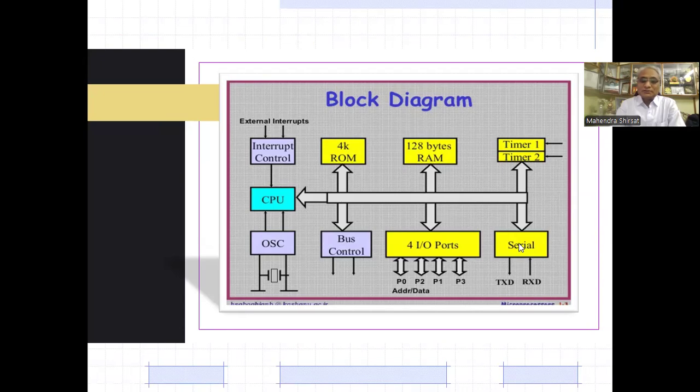This is the control by which serial data can be transferred from the microcontroller to the outside world, and we can also receive data from the outside world. And these are the timer circuits. And this oscillator, whatever crystal will be connected here, this oscillator circuit will be responsible for deciding the frequency of the microcontroller.